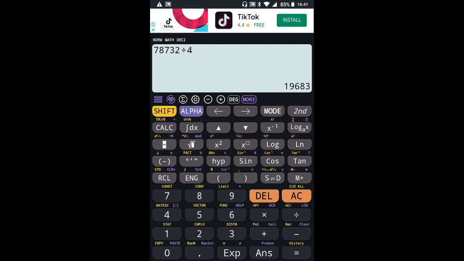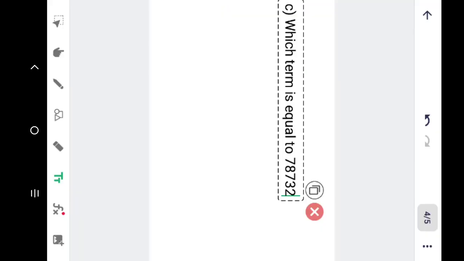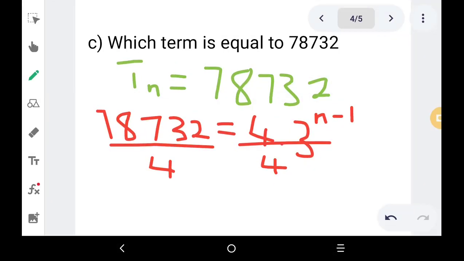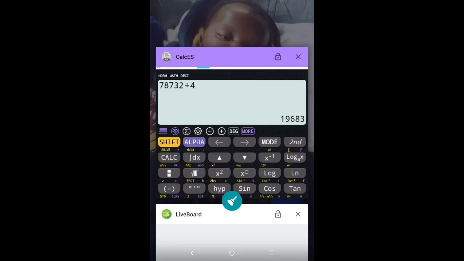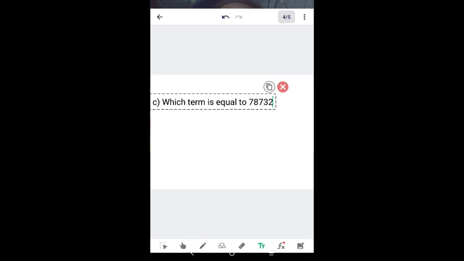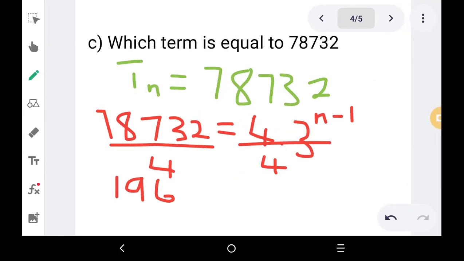We get 19683. This is going to be equivalent to 3^(n-1).